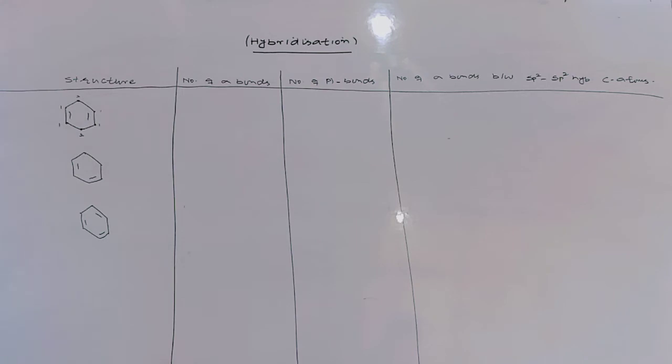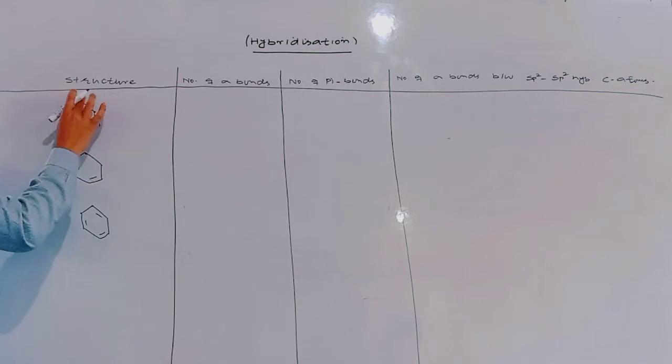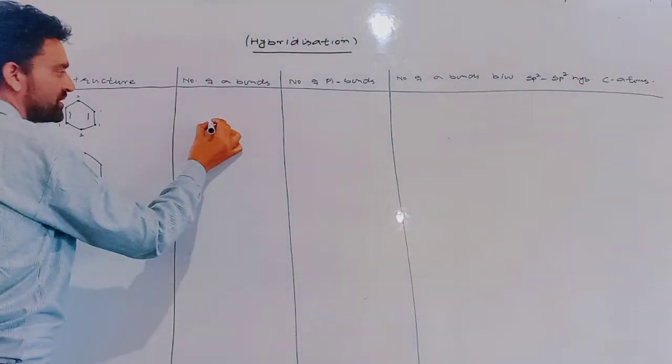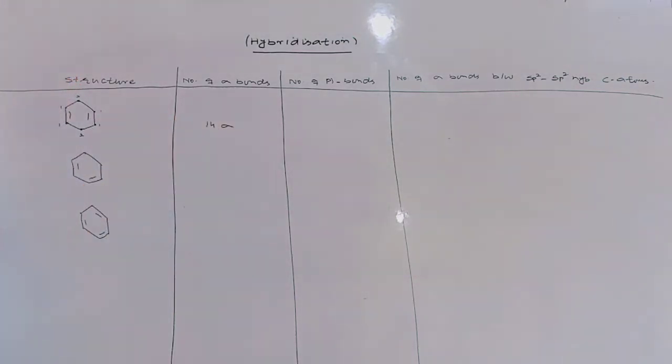Clear? How many carbon-carbon sigma? 6. 1, 2, 3, 4, 5, 6, 6 plus 2 is 8, 9, 10, 11, 12, 13, 14. So there are 14 sigma bonds. To elaborate, out of 14 sigma bonds, 6 are carbon-carbon sigma and the rest are carbon-hydrogen. Clear?